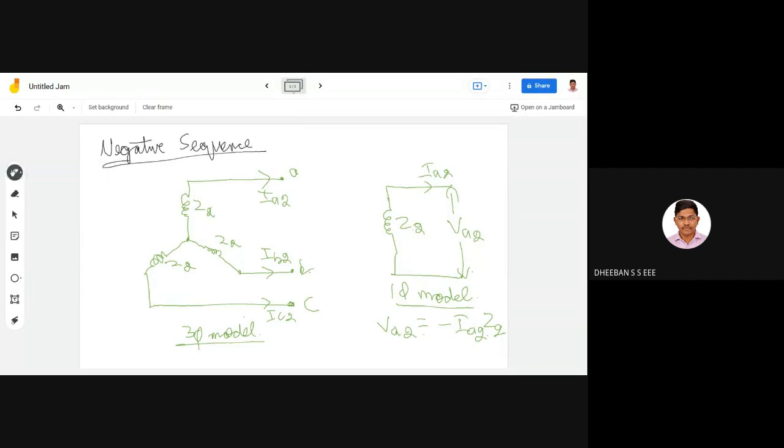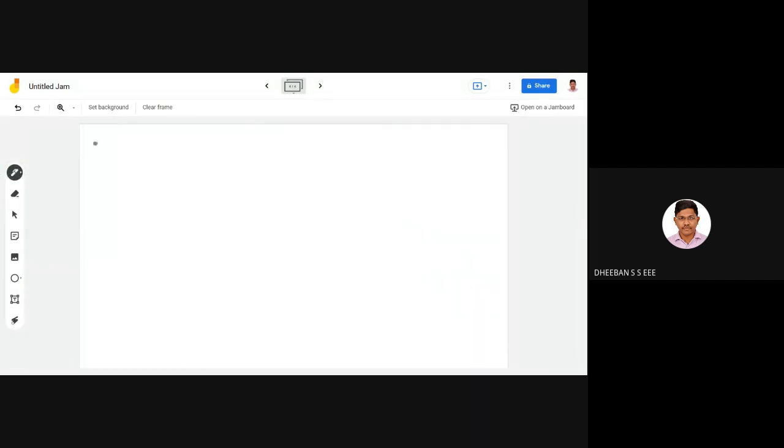There is also a variation with respect to your zero sequence. For the zero sequence, you have to consider your neutral point.